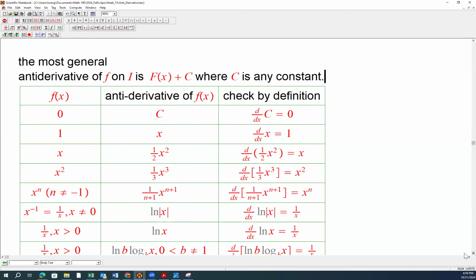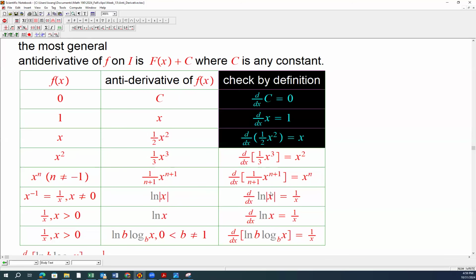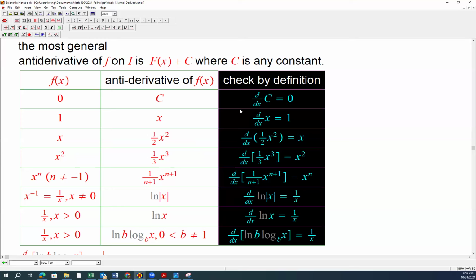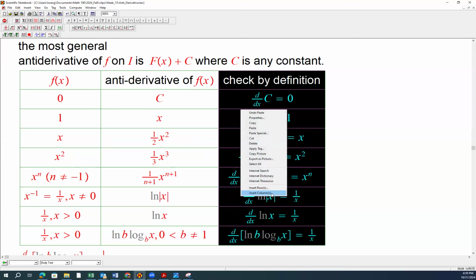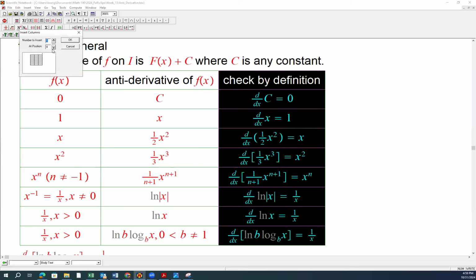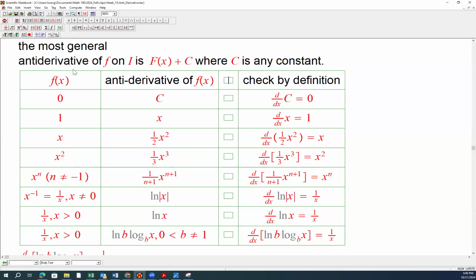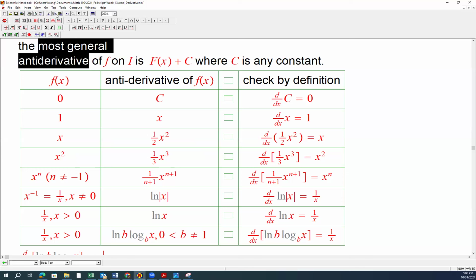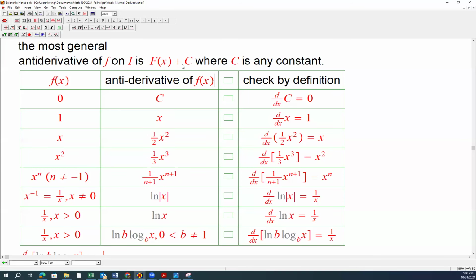So I'm going to make another column right here, the most general antiderivative. Okay, we're going to put it here.